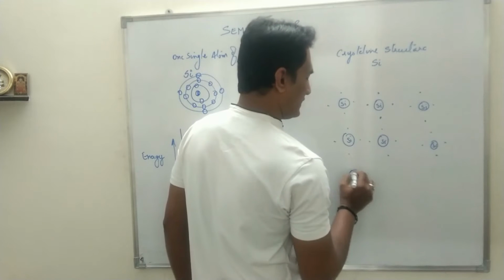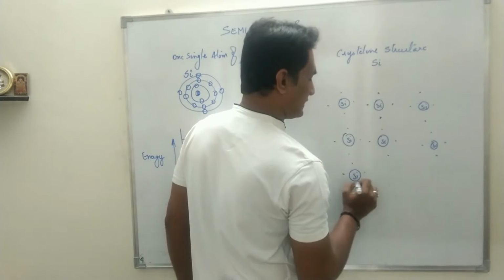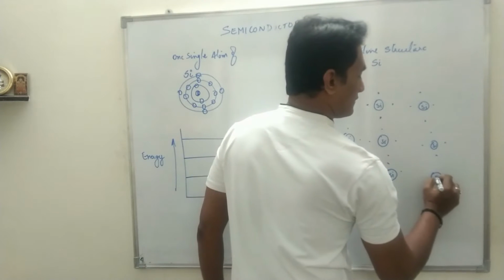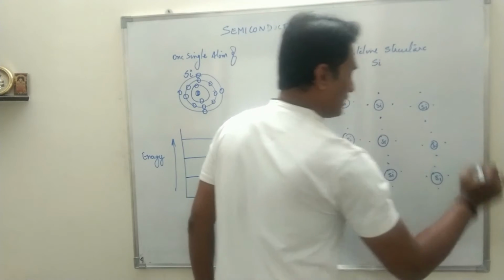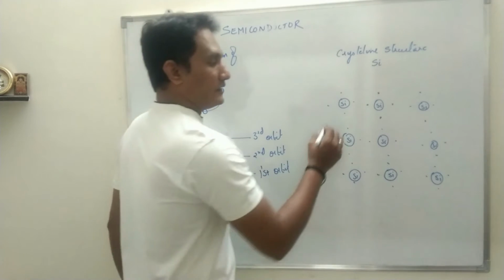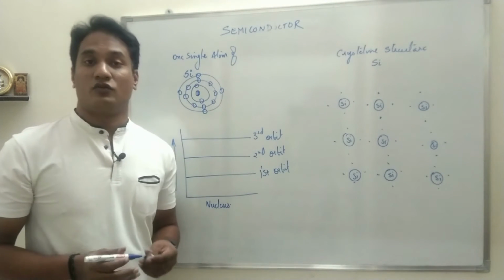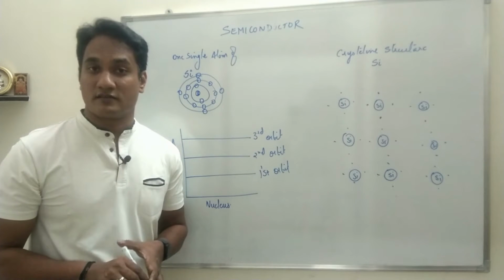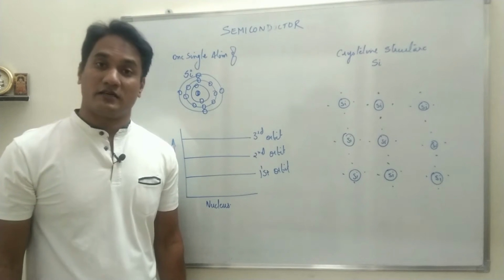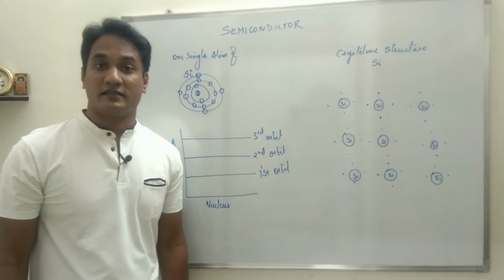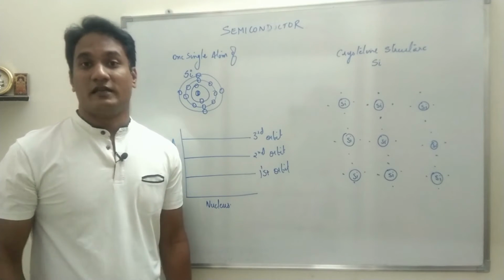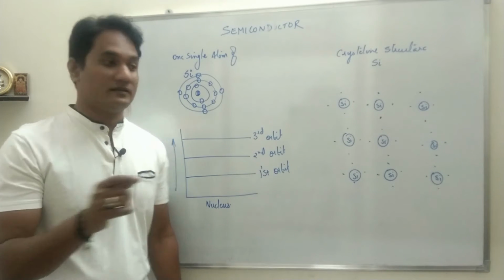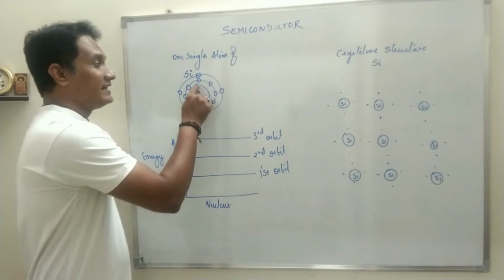Similarly, when a large amount of silicon atoms are brought together, there will be a large amount of valence electrons available. Similarly, there will be a large amount of electrons present in the second orbit, and a large amount of electrons present in the first orbit. That means they will not have a single energy level.